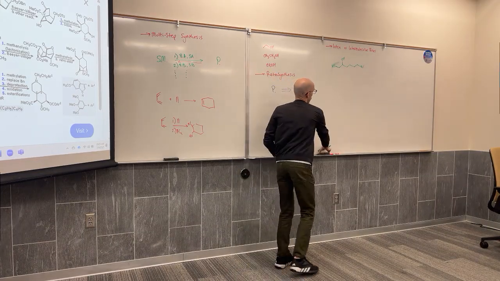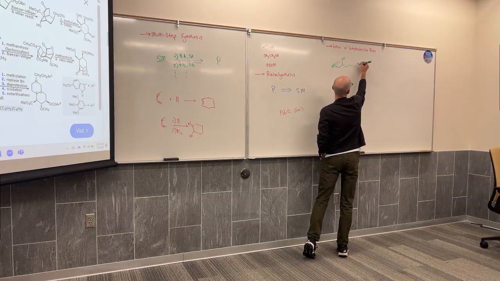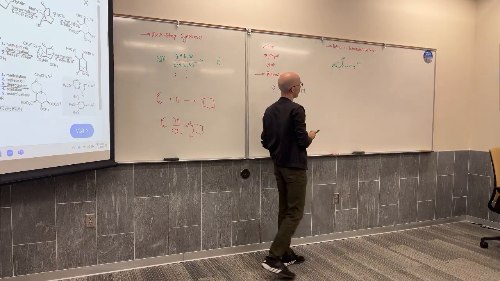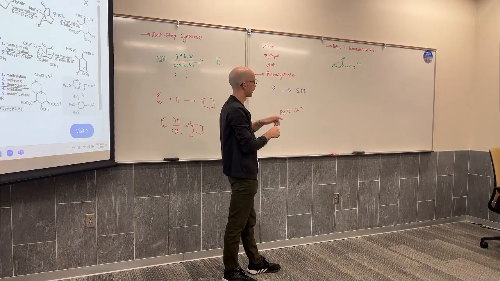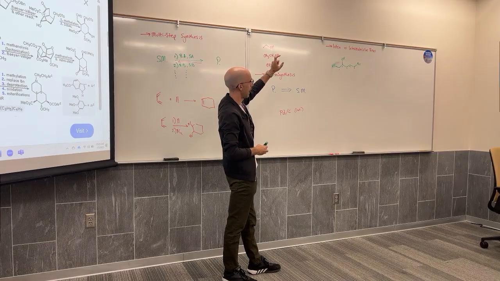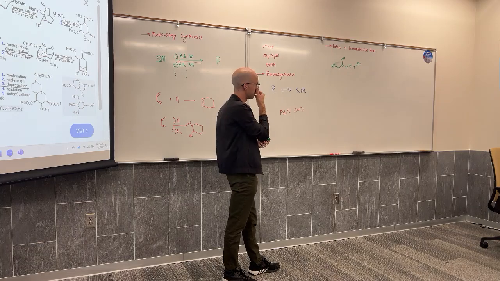I'm sorry, I'm going to shorten my carbon chain by one position. So this is 1, 2, 3, 4, 5 carbons long. It's got a thiol, a mercapto. It's got an alcohol, a hydroxy, and it's got an alkyl bromide.